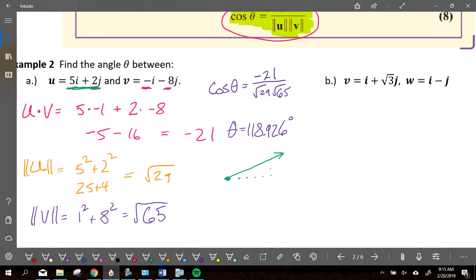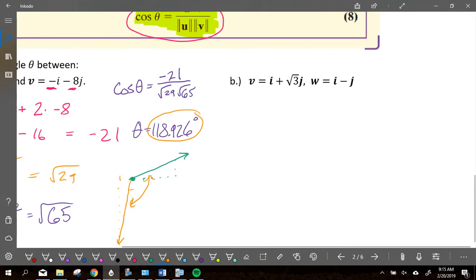If I were to graph v, I'm going left 1 and down 8. 1, 2, 3, 4, 5, 6, 7, 8. That would be this vector right there. We just got this answer. Does it look like the angle between those two things is around 118 degrees? That's what we just found. We used our vectors and our dot products to set that up to find the difference between the two.